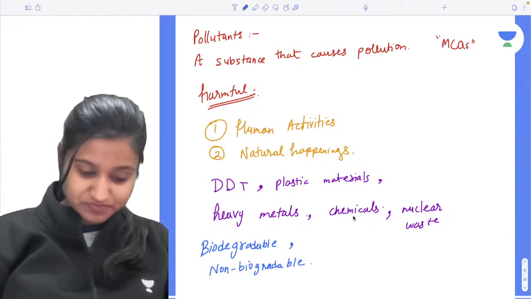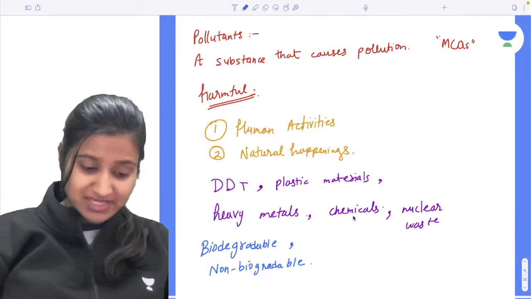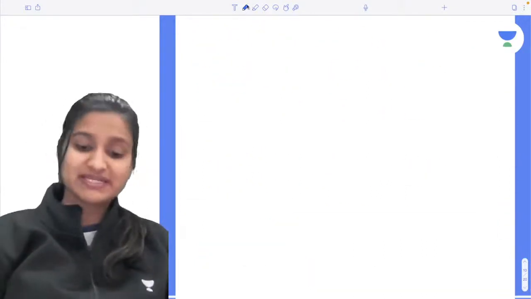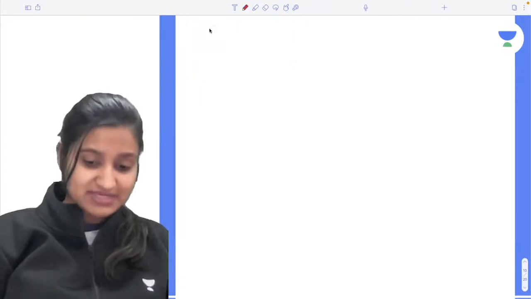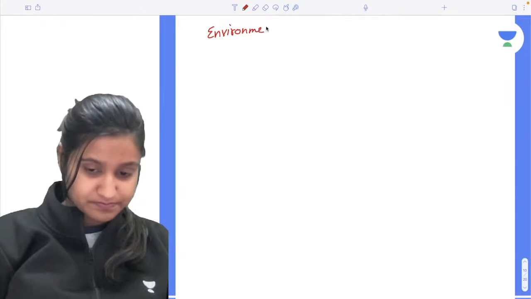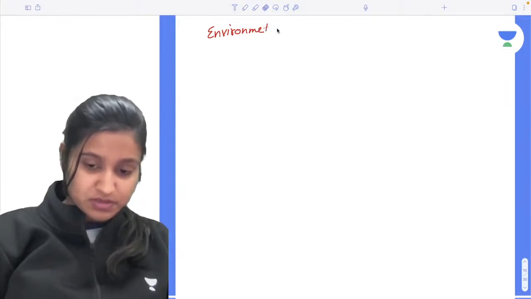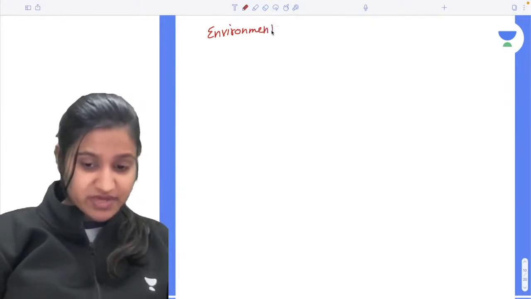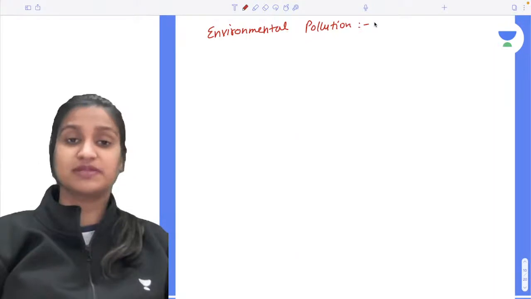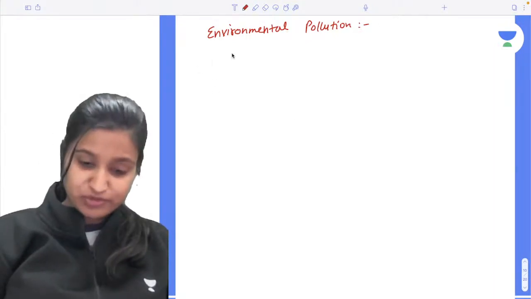Okay, so now let's talk about environmental pollution. It can be of two types.